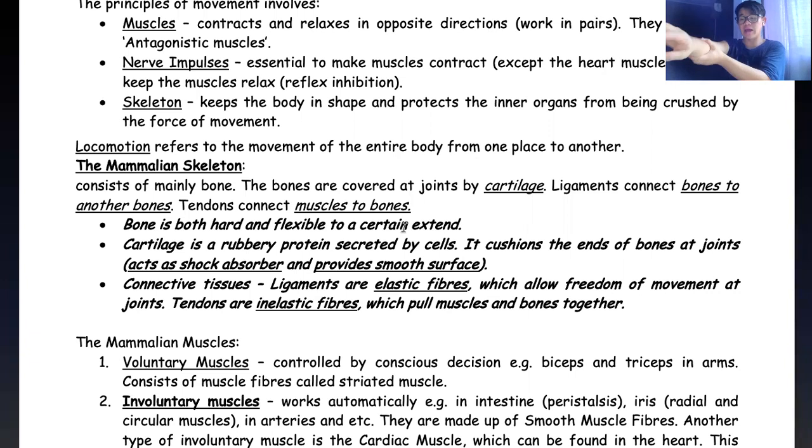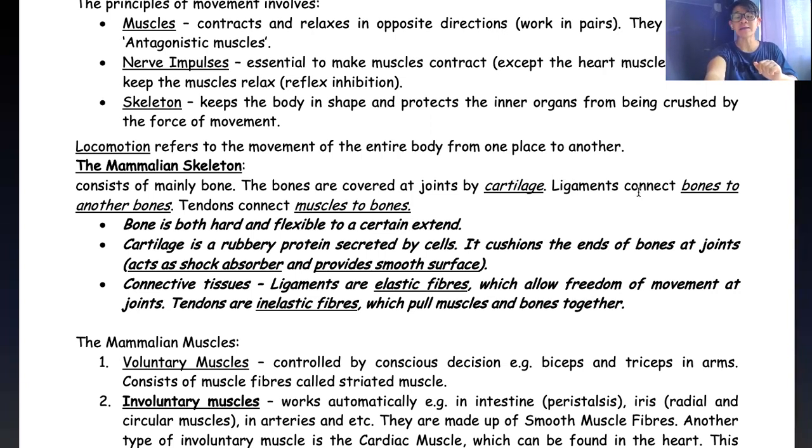As you know, the muscles act like levers to pull or to push the skeleton away from your body. And the bones are covered at joints by cartilage. I've discussed this before as well. It's the ends, like the chicken bones that you eat, the white parts. Those are what we call cartilage.